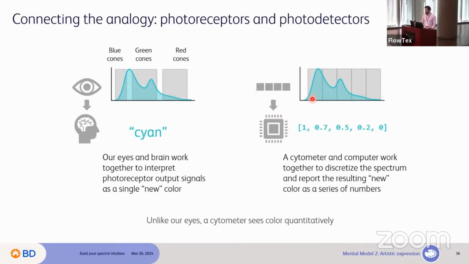Well, in a cytometer, like we just said, we use multiple detectors to sample that spectrum. But instead of representing it as a new color, we represent it as a series of numbers, which is not as interesting, but computers love that stuff. And then the cytometer and computer work together to take that spectrum and report the new color as a series of other numbers that are meaningful.